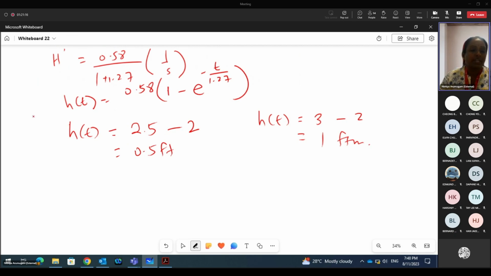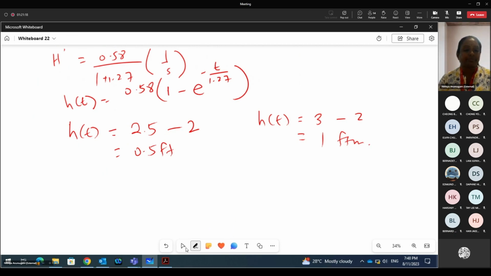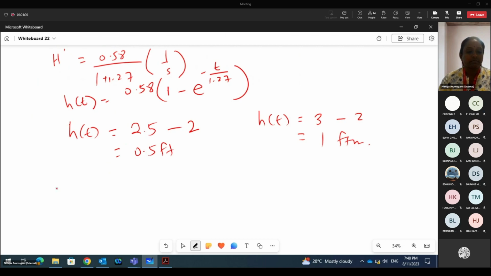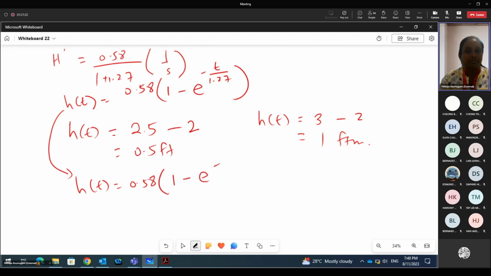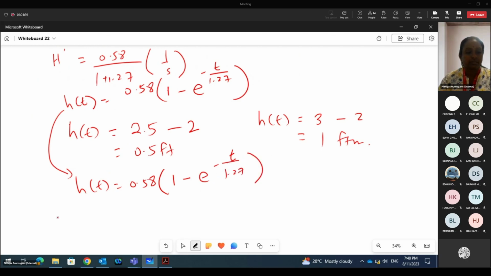So for this case, I'm going to replace that here: h(t) equals 0.58 times 1 minus e to the power of negative t over 1.27.